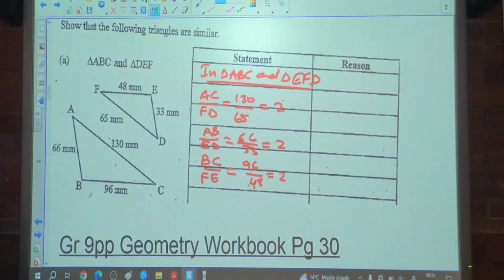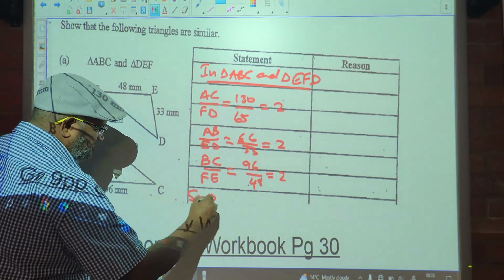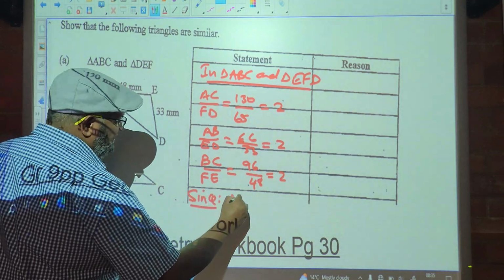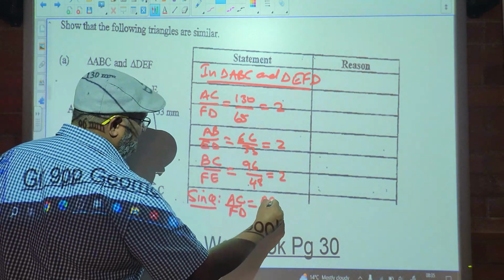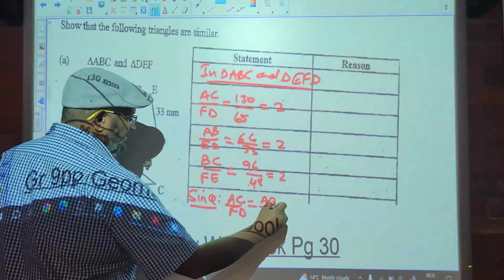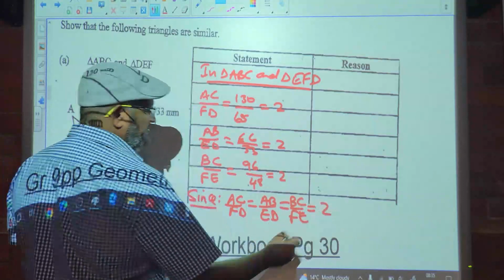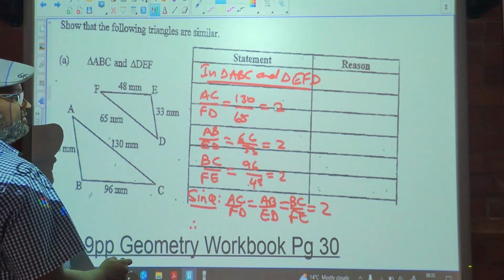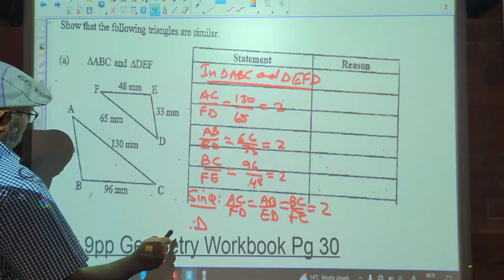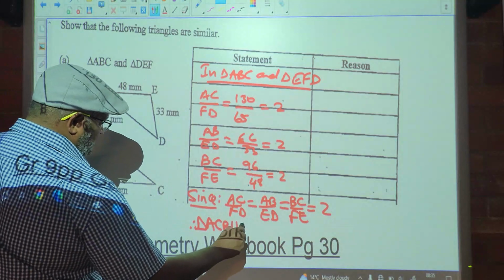So what do you notice? The sides are in proportion. So I state the obvious. I say since AC over FD is equal to AB over ED equals BC over FE, which is equal to 2, therefore triangle ACB is similar to triangle.